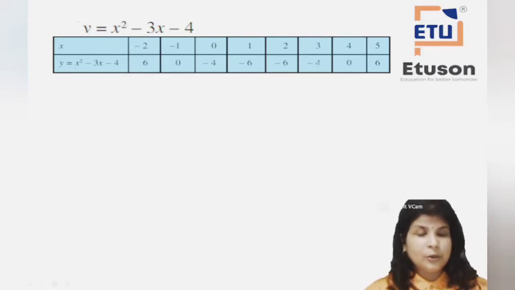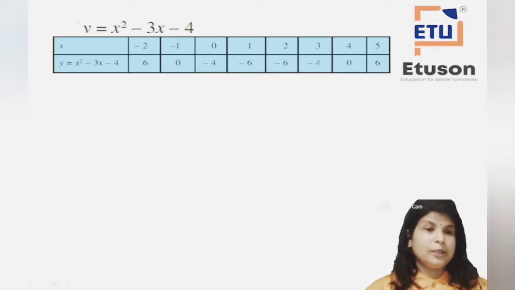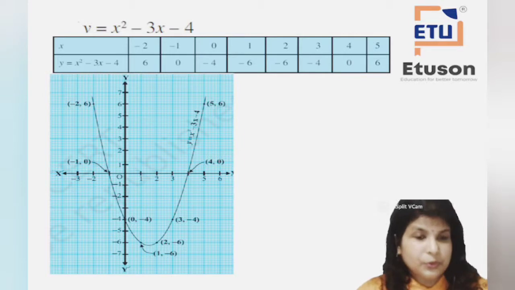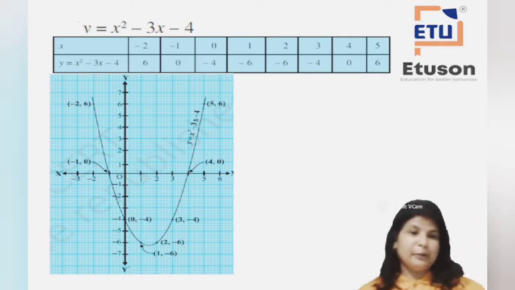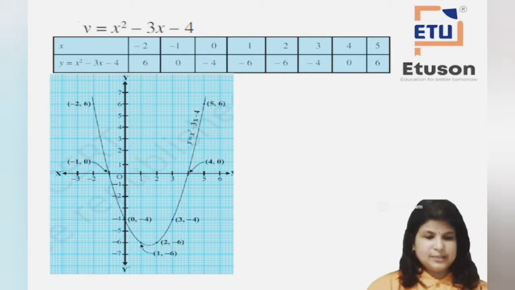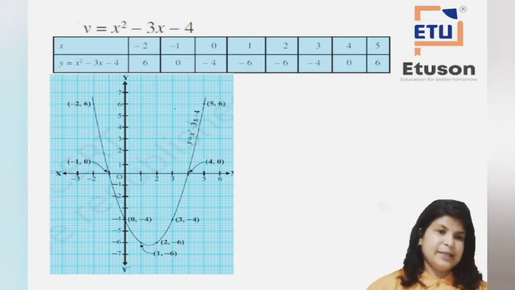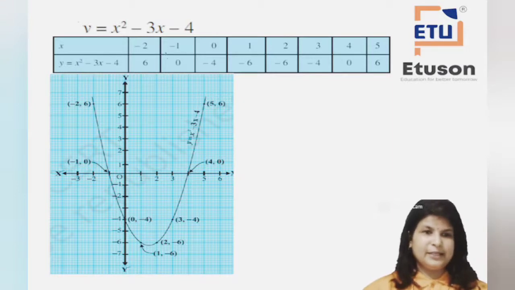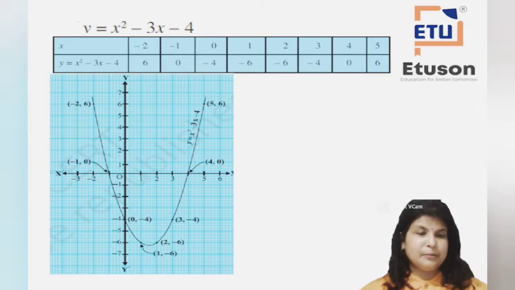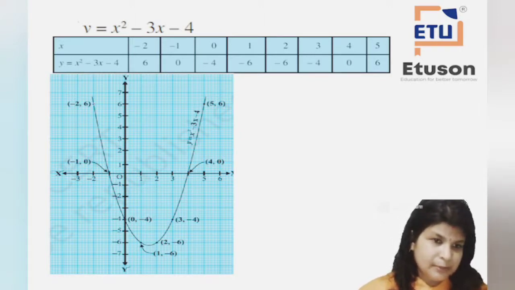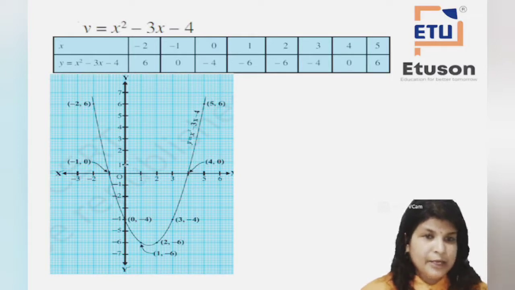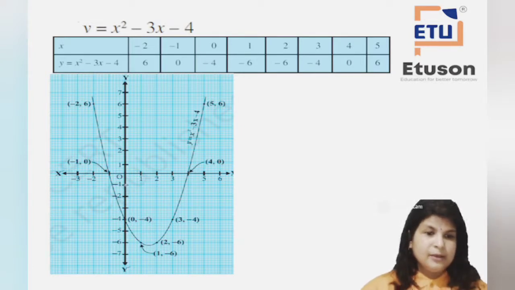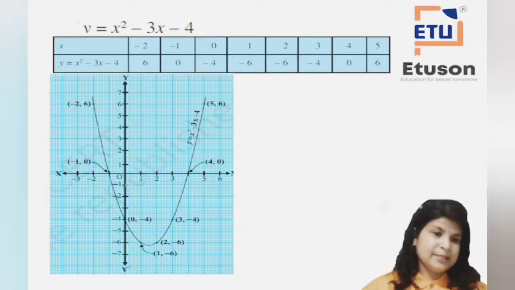So how will the graph look? You will get a graph of this kind. Just for your sake I will indicate the points for better clarity. One after another, let us mark these points. For example, minus 2, 6 is here. Then minus 1, 0: minus 1 and the value of y is 0.